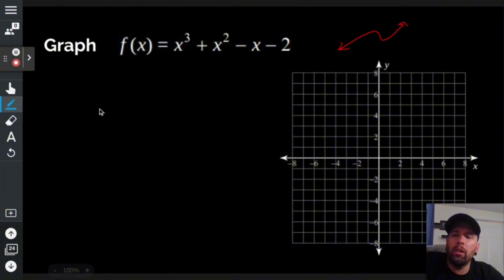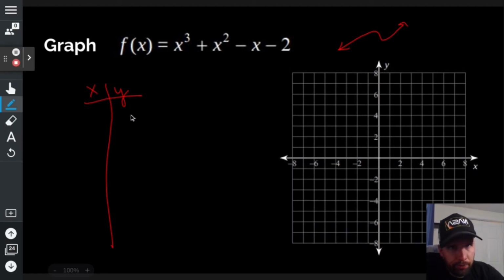So what I'm going to do is make an X, Y table and include a ton of numbers. It's going to be tedious. That's all right. Let's do -5, -4, -3, -2, -1, 0, 1, 2, 3, 4, 5.